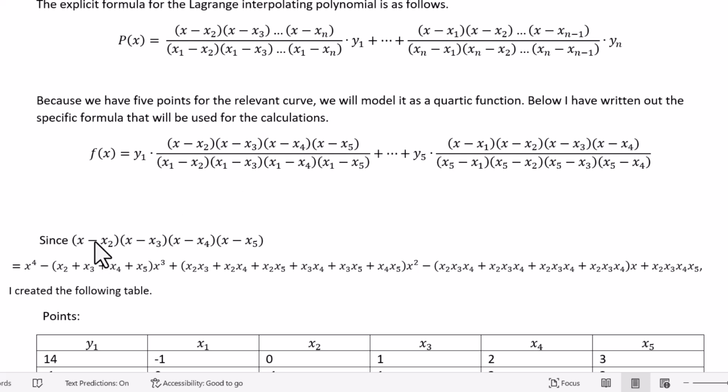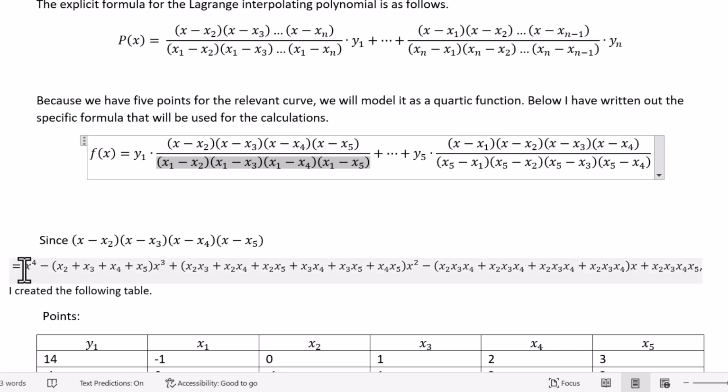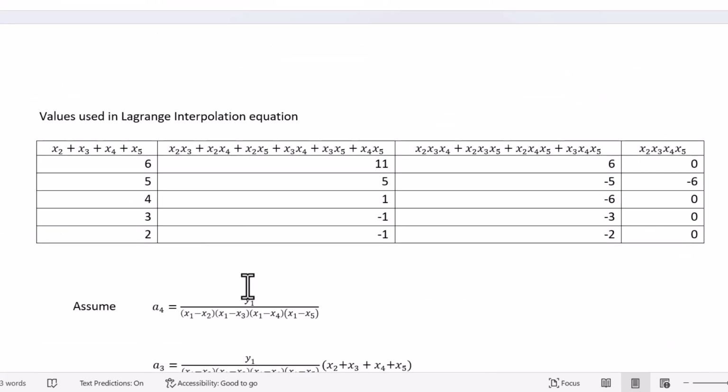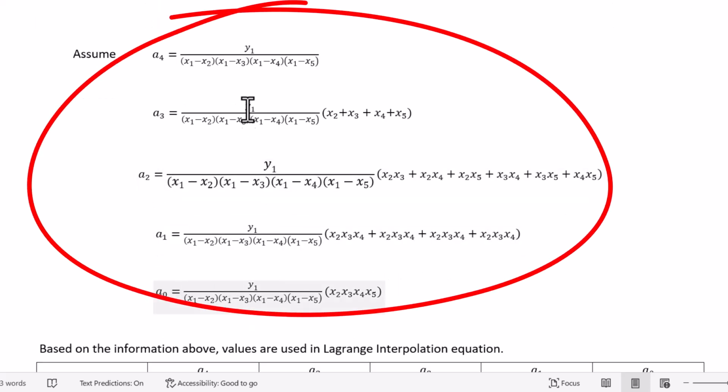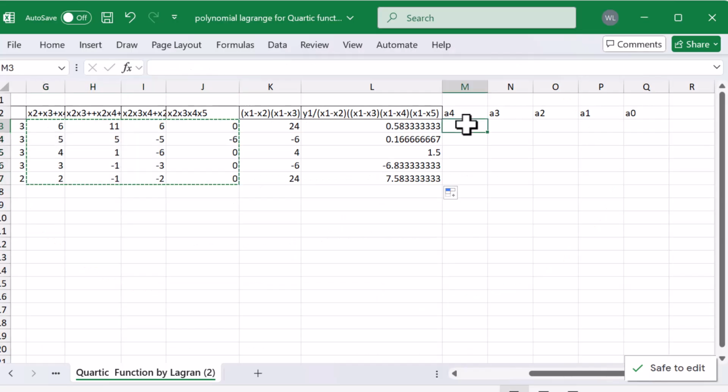We have to make this product times y1 all over this denominator, which means each term in this product times y1 over this denominator. So we assume A4, A3, A2, A1, A0 like this. So we still use Excel to work this out.